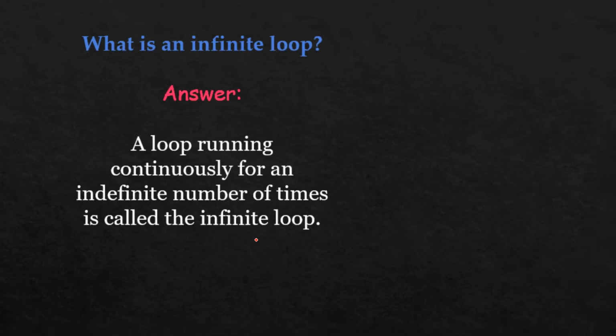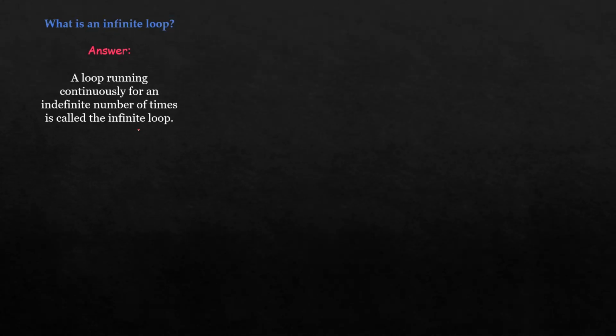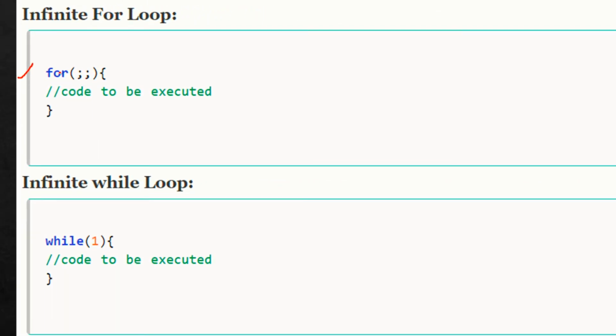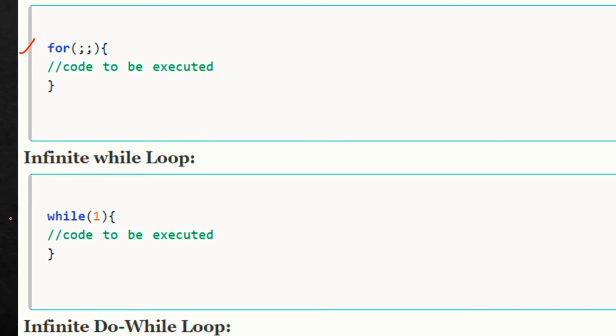Now we'll look at the syntax for an infinite loop. We can use an infinite loop with three kinds of loops: for loop, while loop, and do while loop. If I place two semicolons inside the for, with the code to be executed inside the body section, this is the structure of an infinite for loop.